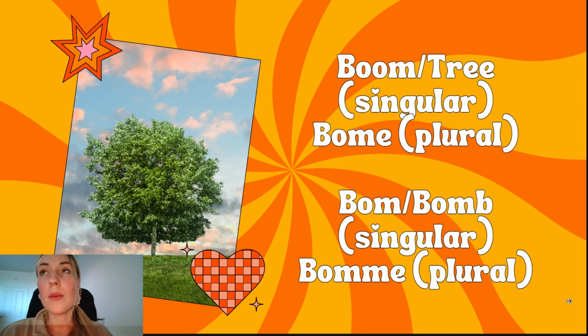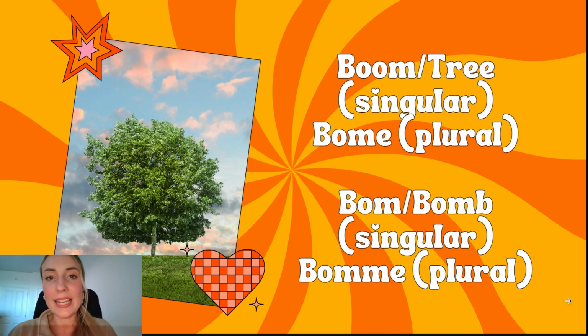Open and closed syllables matter in Afrikaans because of the way you pronounce a word. Before you can really start learning a language, you need to know exactly how to pronounce the words, because sometimes you have words that are spelled the same, that look very similar, but they have completely different meanings and you say them completely differently.